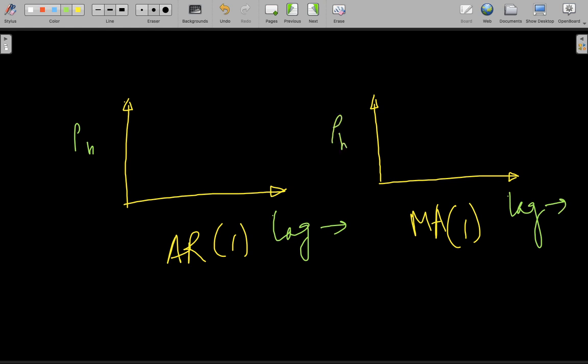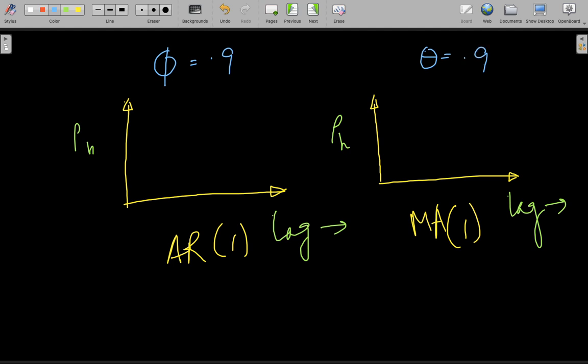Now, let me also write down the value of the phi operator and the theta operator. Here I will write phi operator. Say, for the sake of consistency, let us write the value of phi operator and theta operator to be the same. Okay, let me write this down.